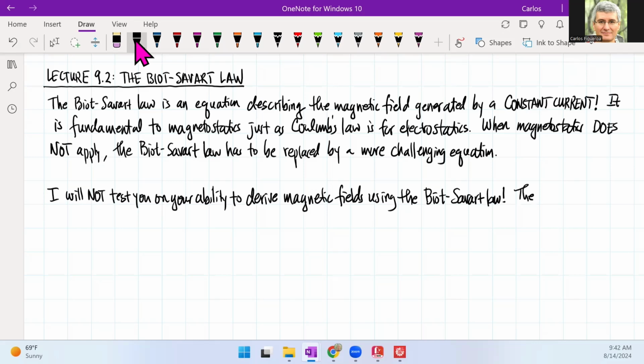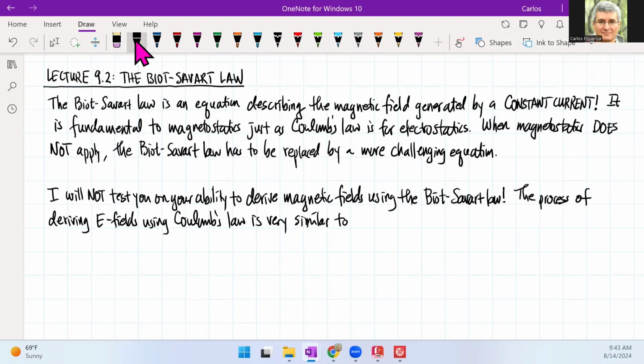So the process of deriving electric fields using Coulomb's law is very similar to the process of deriving magnetic fields using the Biot Savart Law.